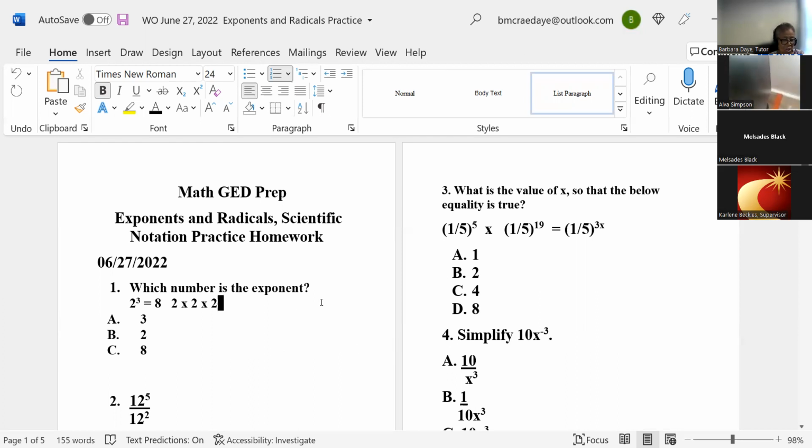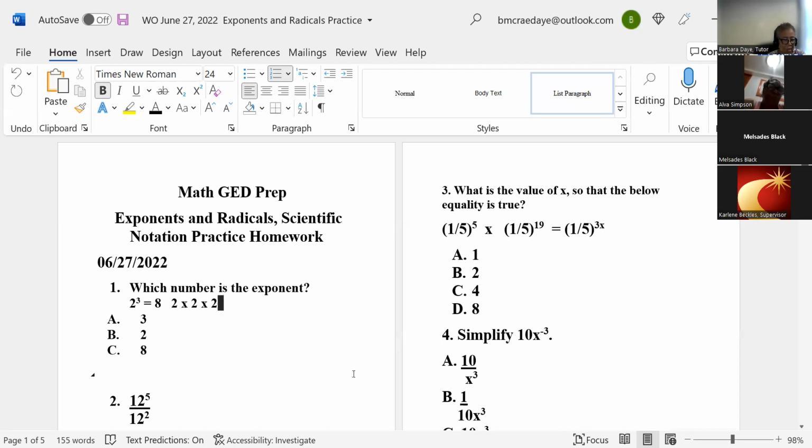Well, the structure of an exponent: when you give a power, you have a base and then you have the power. The power is the exponent. This says 2 raised to the 3rd power. That means 2 multiplied by itself 3 times, so that translates to 2 times 2 times 2. So 3 is the exponent, 2 is the base. Remember, I gave you some properties of exponents.